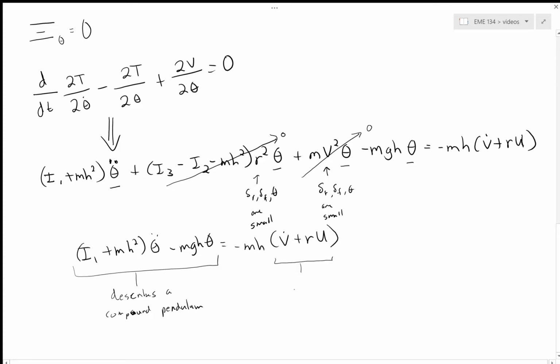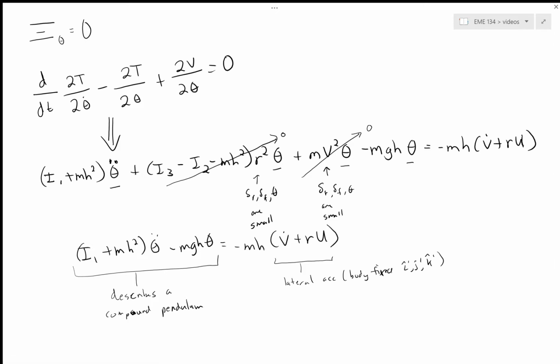And then this side looks like mh times something we know, the lateral acceleration, body fixed to i prime, j hat prime, k hat prime. That's how we had that defined for u and v, which were both in those directions.